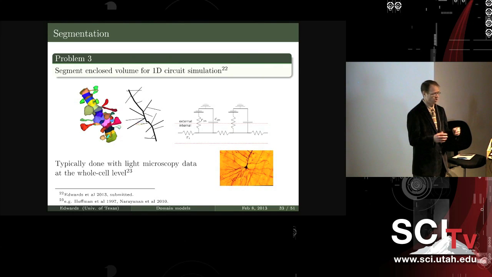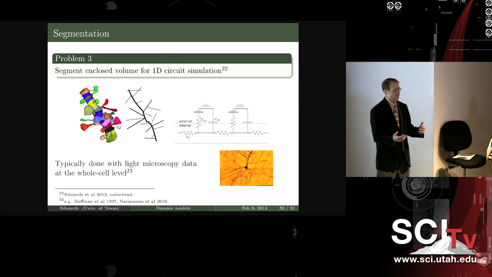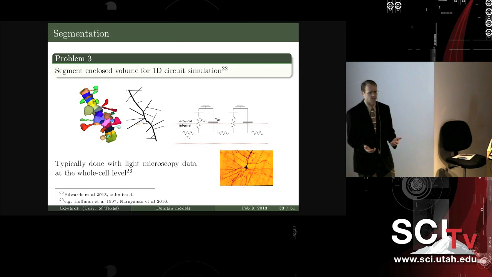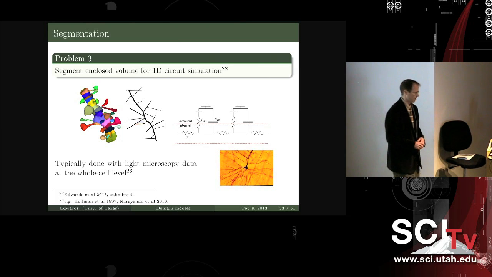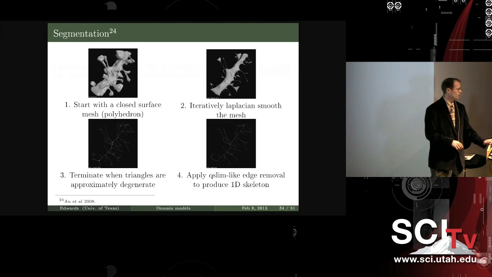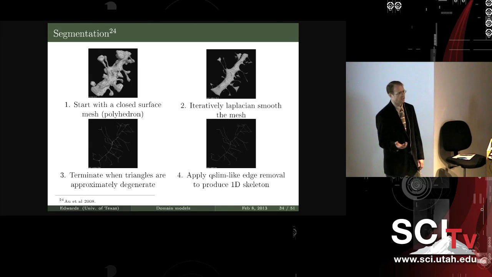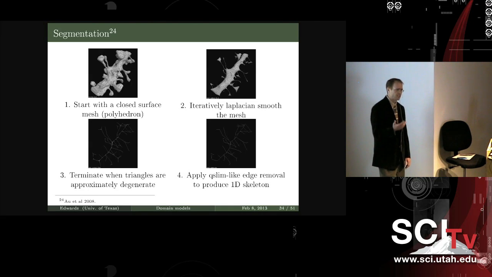What we're interested in doing, instead of at the whole cell level, we want to do it at the very local level and take into account the spines, the higher resolution geometries. And so for that, we want to be able to generate automatically our 1D models from our surface meshes that we already have.